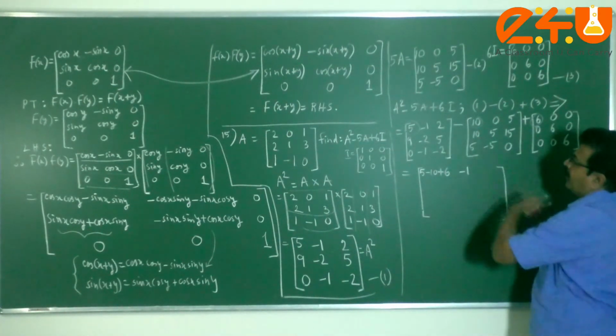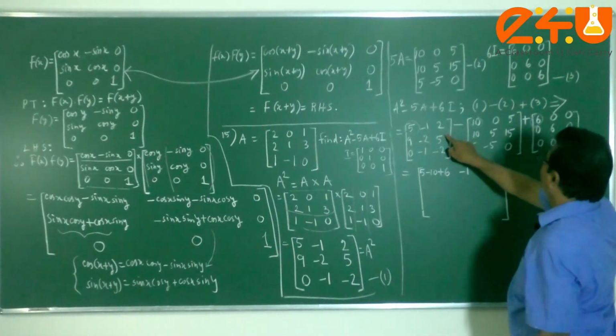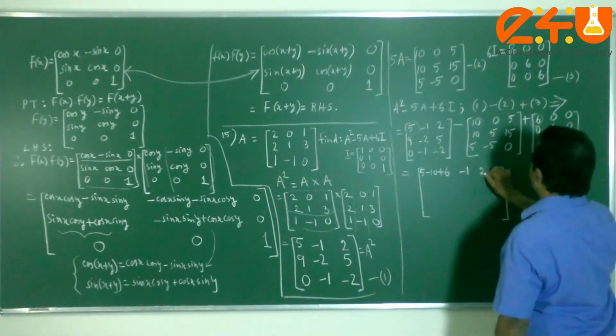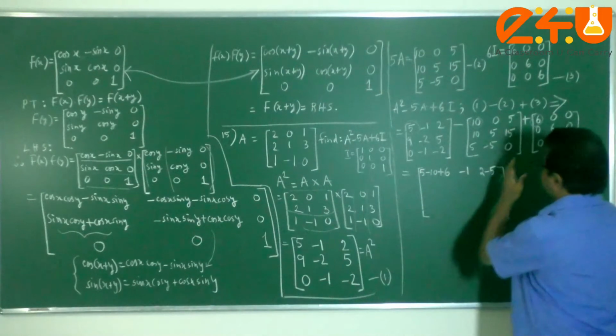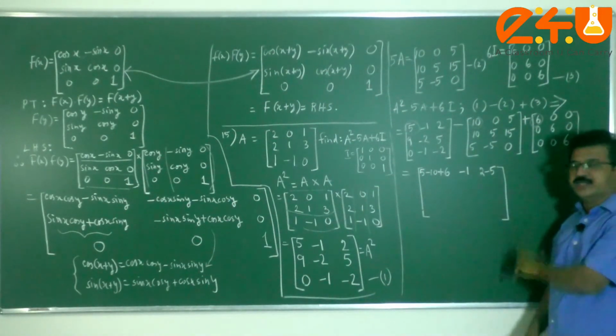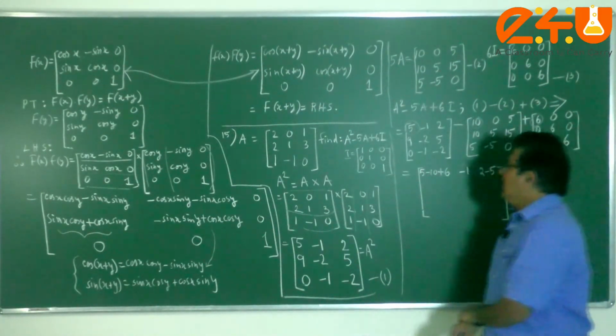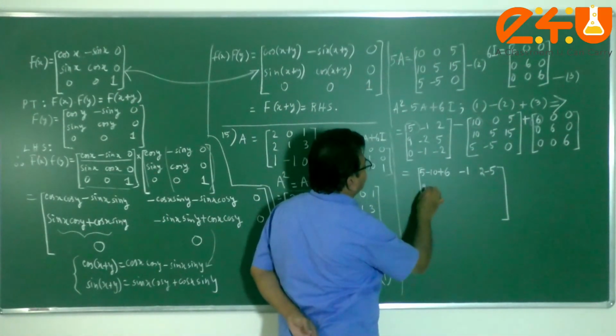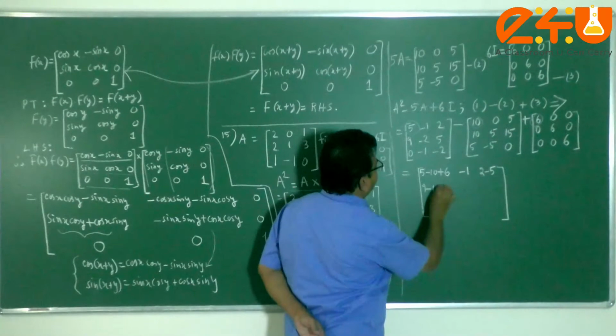Let us move on to the third column. It's going to be 2 minus of 5 plus 0. I am ignoring the zero because it doesn't alter the result. In the second row, it is 9 minus 10 plus 0.